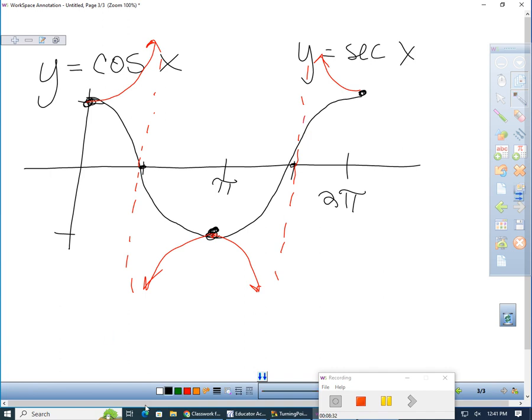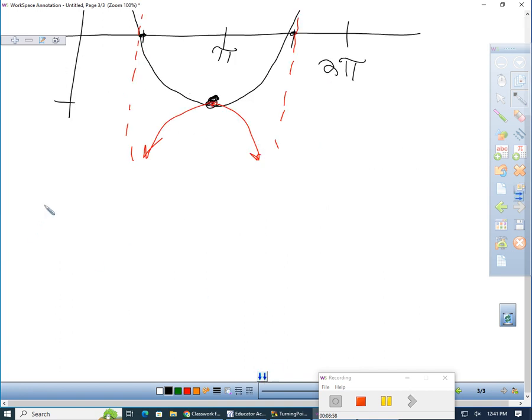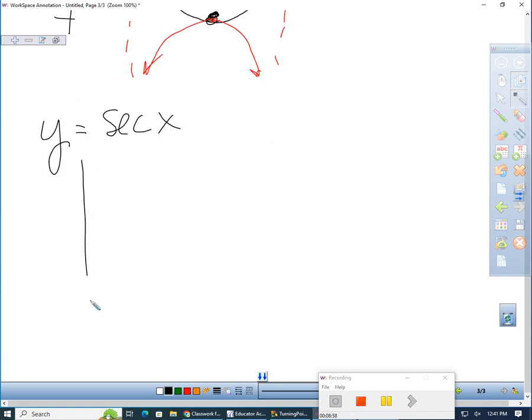All right, so let's talk about what secant actually looks like now that we've made our cosine inside out. Secant of x, when you graph it, comes out at your amplitude, and in the middle you go as low as the amplitude.